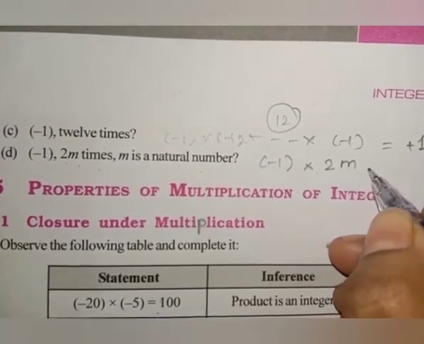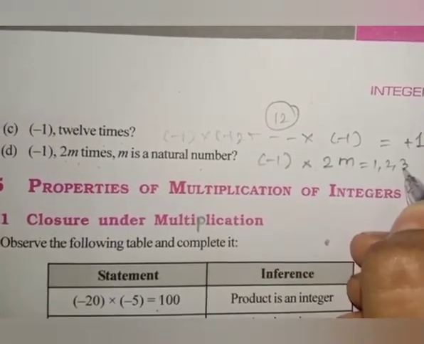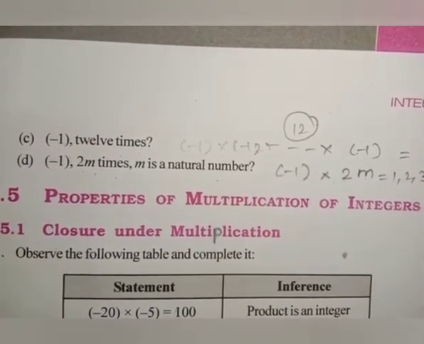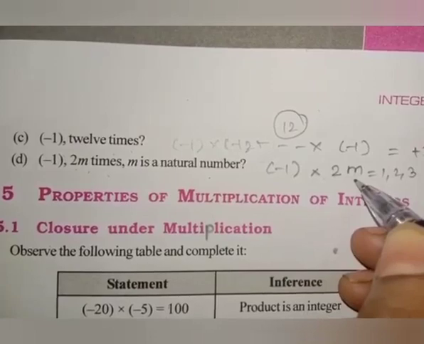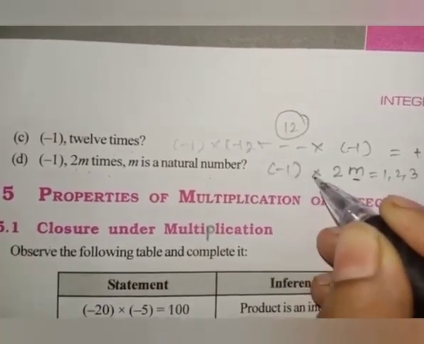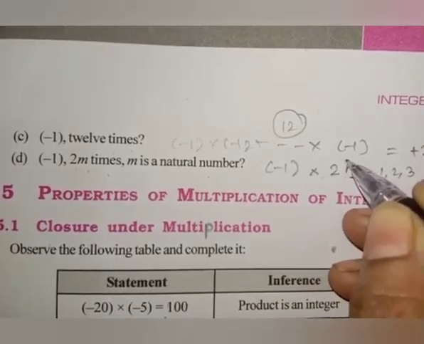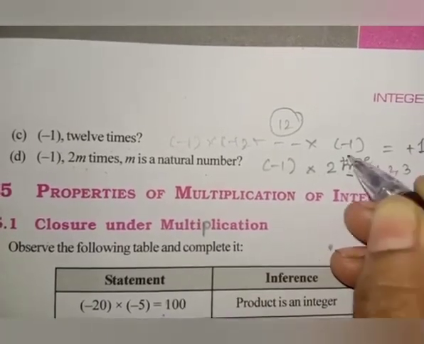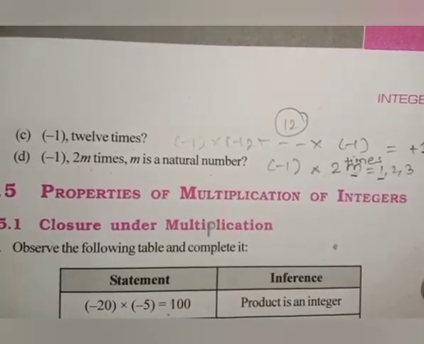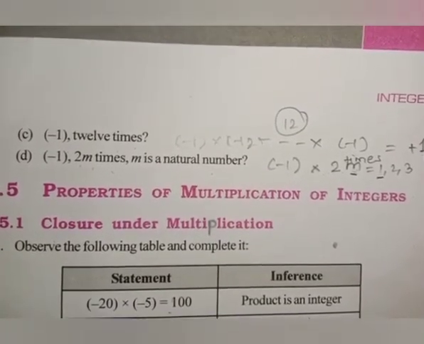Okay, so if your m is equal to 1, 2, 3, 4, let us take m equal to 1. If you take m equal to 1, it means minus 1, 2 times, so minus 1 into minus 1, then negative into negative, the answer is positive.